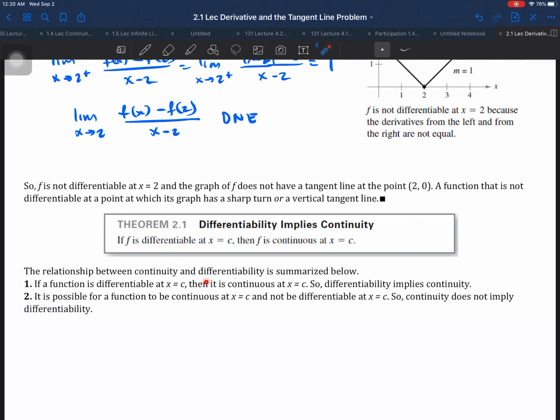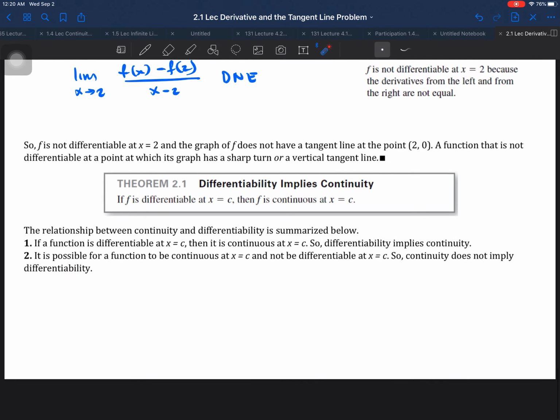The relation between continuity and differentiability is summarized below. If a function is differentiable at c, then it is continuous at c. So differentiability implies continuity. It is possible for a function to be continuous at c and not be differentiable at c. So continuity does not imply differentiability.